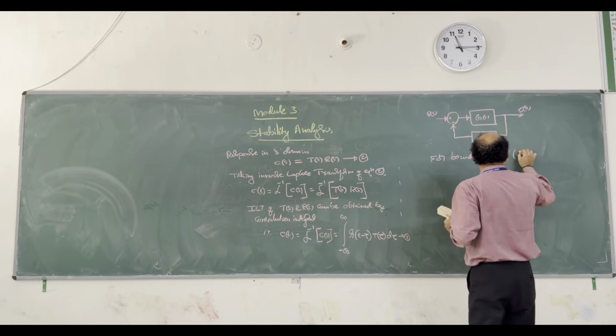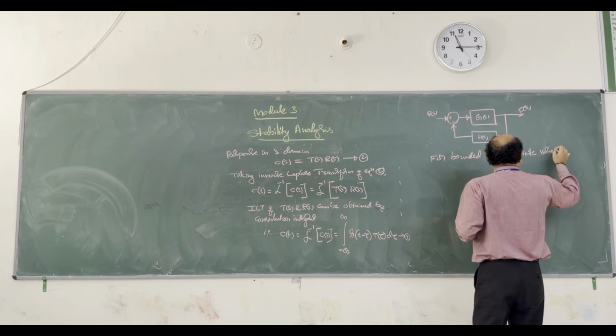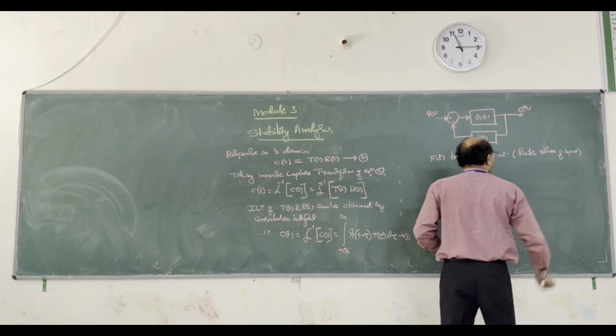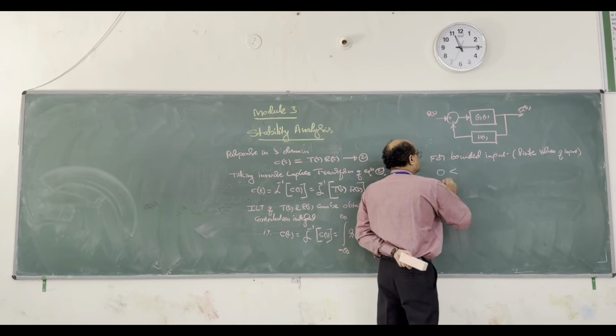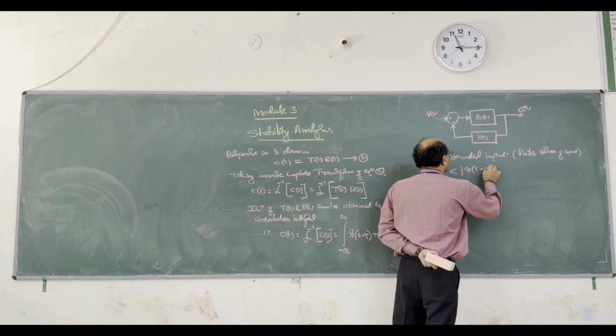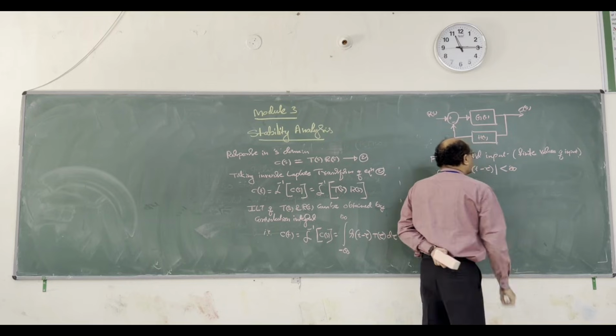Bounded input means a finite value of input. So 0 must be less than the modulus of R of t minus tau, which must be less than infinity.